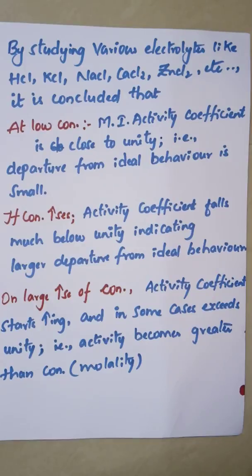That is, activity becomes greater than concentration. So on further increase it will not fall further below unity; it will increase above the unity value, and the activity will be greater than the concentration. This is the only case where the activity will be greater than the actual concentration, that is molality. So these are the few basics of activity and activity coefficient.